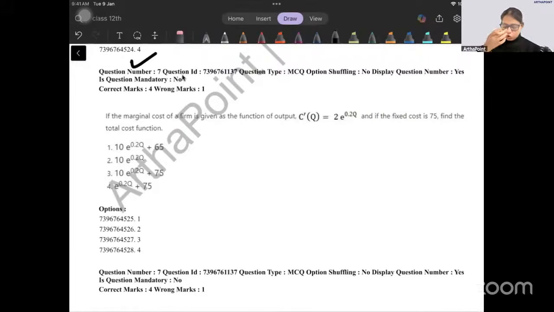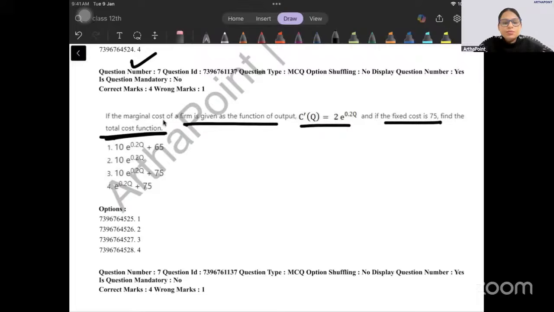Okay, let's solve. The marginal cost curve is given as this, and fixed cost is this. Find the total cost function. Okay, so tell me something. What is total cost?